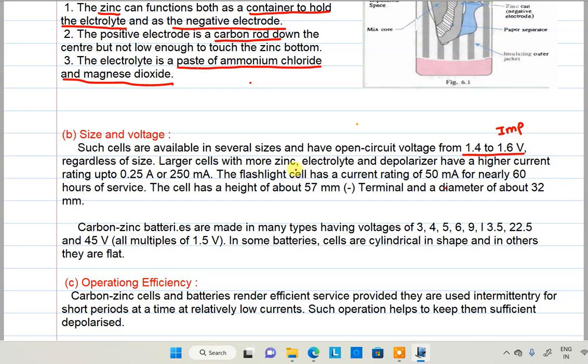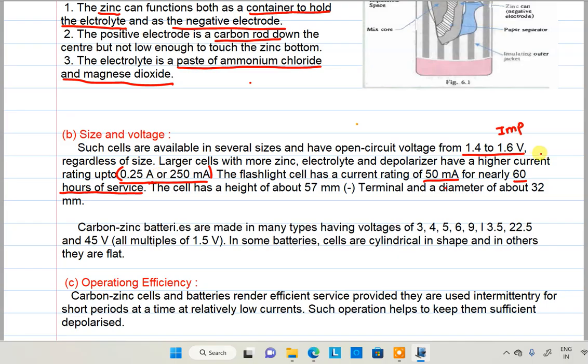Larger sizes have more zinc, electrolyte and depolarizer, and have a higher current rating, up to 250 milliamperes. This is the current rating. The flashlight cell has a current rating of 50 milliamperes for nearly 60 hours of service.